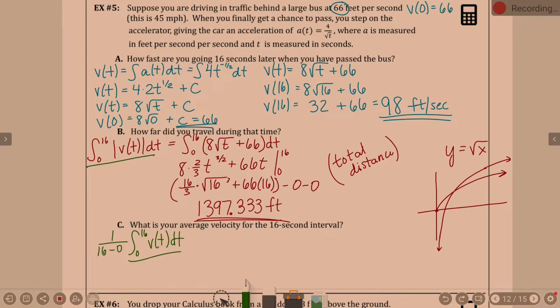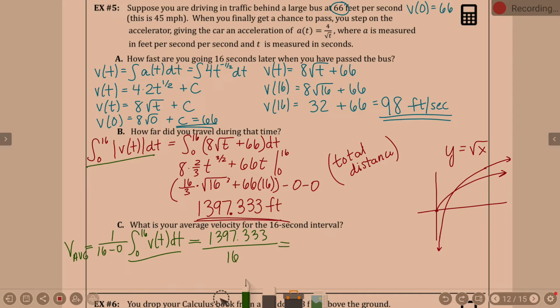So you can just take 1,397.3333 divided by 16. Whether you use the concept of average velocity from the previous lesson, or the idea of total distance divided by time, or displacement divided by time, both work here.